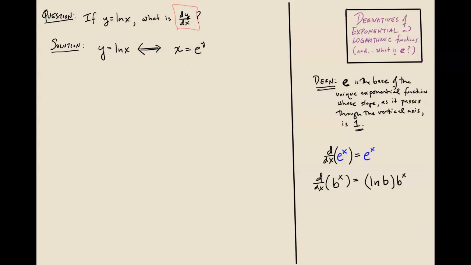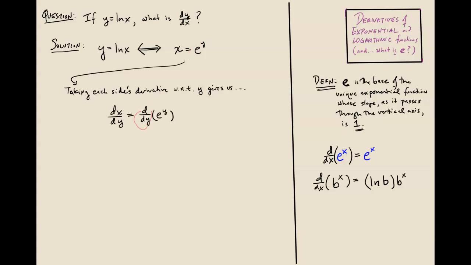I'm trying to find dy/dx in this relationship. Well, what I'm going to do is look at this version of it and find dx/dy, and then I'll just take reciprocals, because the reciprocal of dx/dy is obviously dy/dx. So anyway, taking each side's derivative with respect to y gives us dx/dy on the left side, and on the right side, the derivative with respect to y of e to the y is, of course, e to the y.